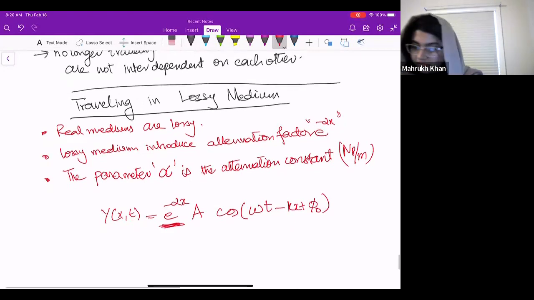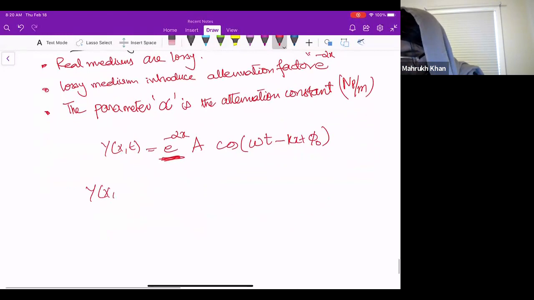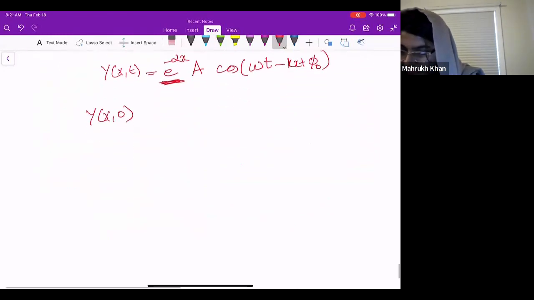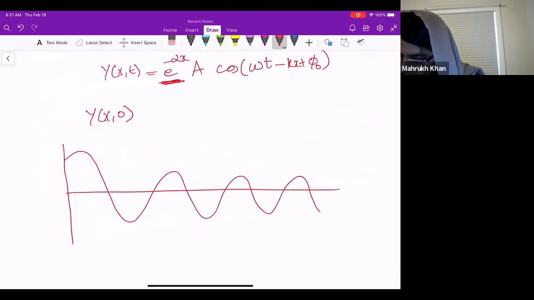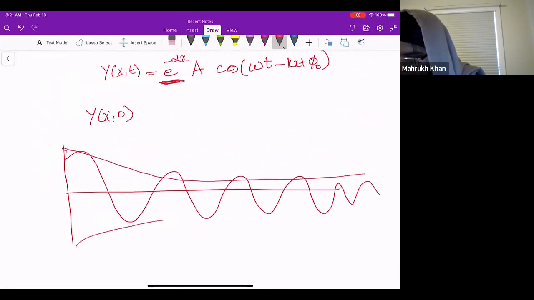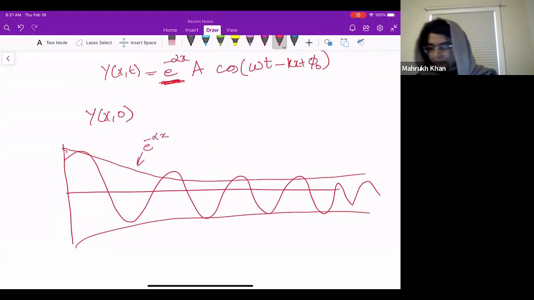So if I just draw at 0 time my lossy wave, it will be something like this. This decay is defined by alpha x. So that's how the lossy medium plays its role. I think we learned about losses before too, so it's fine.